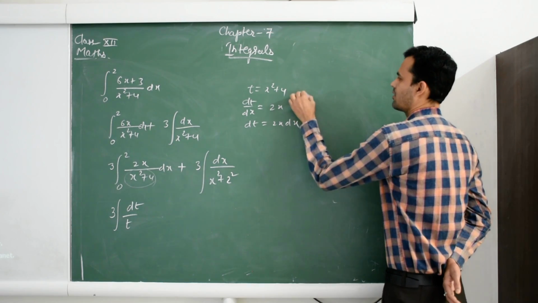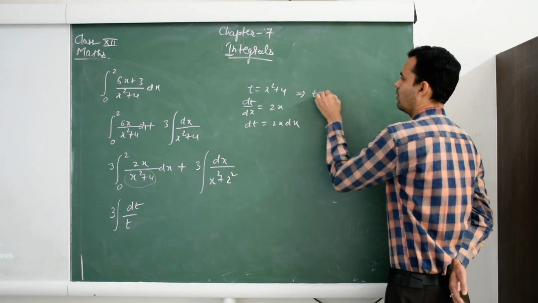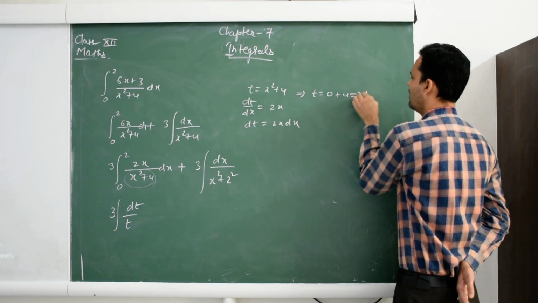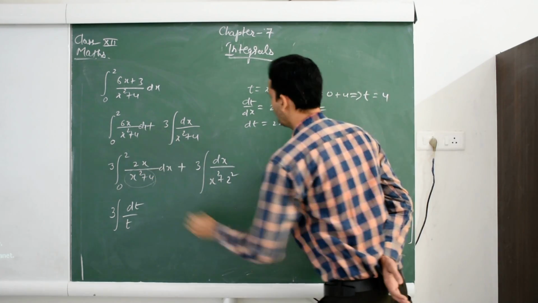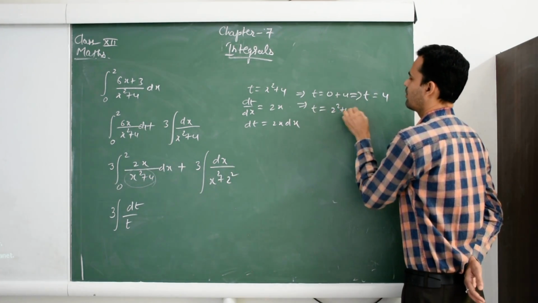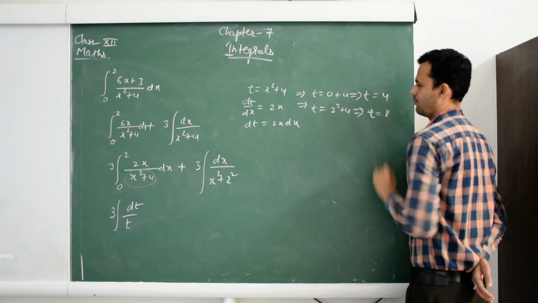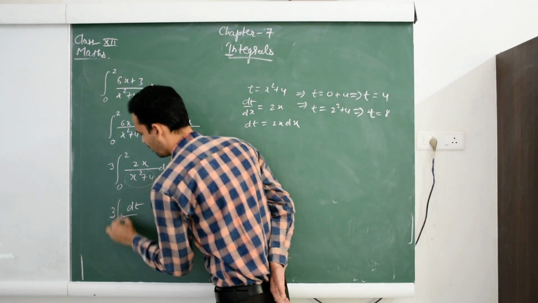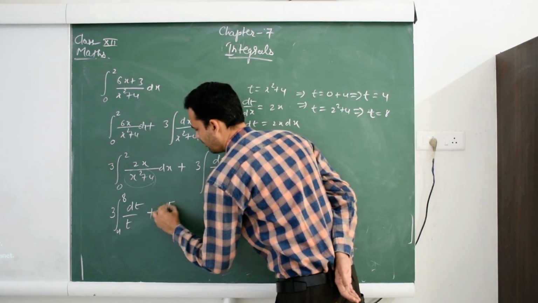Also, the limits will be changed. If we put x as 0, then 0 plus 4 means t equals 4, and if we put x as 2, it is 2 square plus 4, so the value of t is 8. So, the limits are 4 to 8, okay, plus 3.